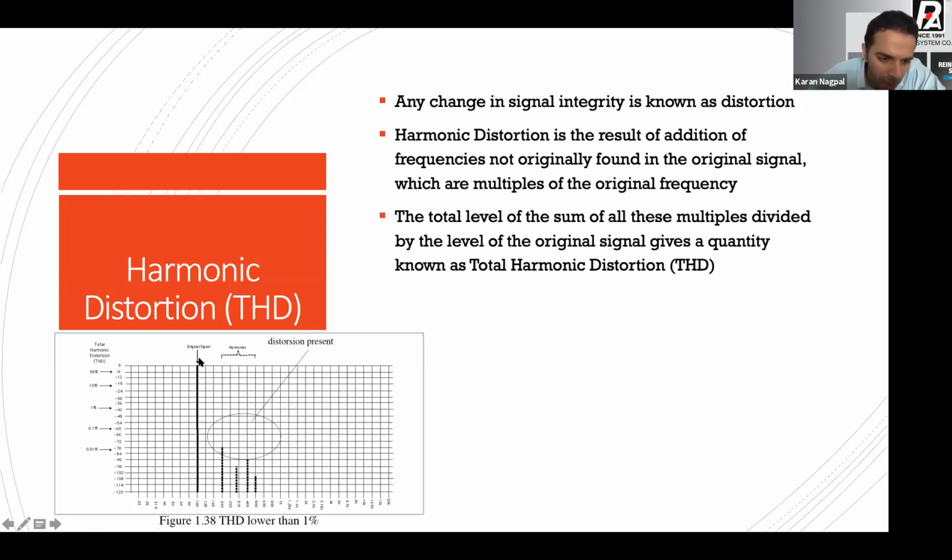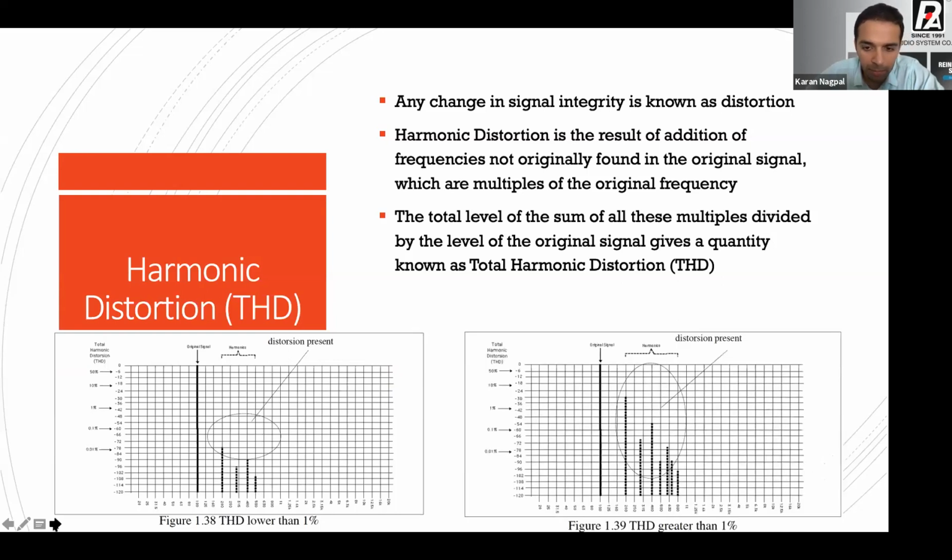You can see that I have introduced a 100 hertz signal and I'm getting output at 200 hertz, maybe somewhere around 300 hertz, 400 hertz, 500 hertz. So at 200, 300, 400, 500 we got some extra levels. This is all distortion. This was not in the input signal, and this is when the harmonic distortion is less than 1%.